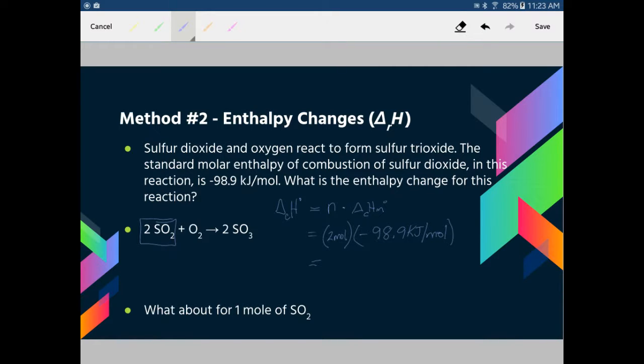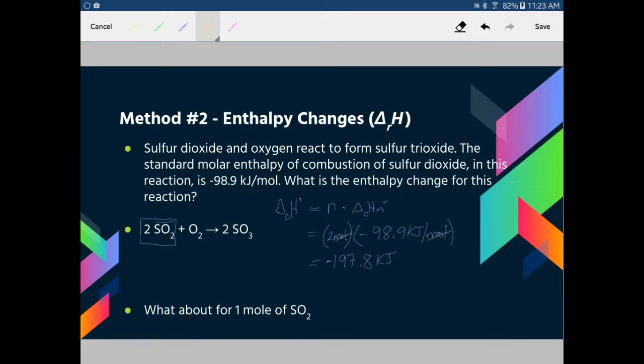So I get a value of negative 197.8 kilojoules. Again, it's not kilojoules per mole because now I've multiplied by 2 moles, so my moles cancel out when I do this calculation.